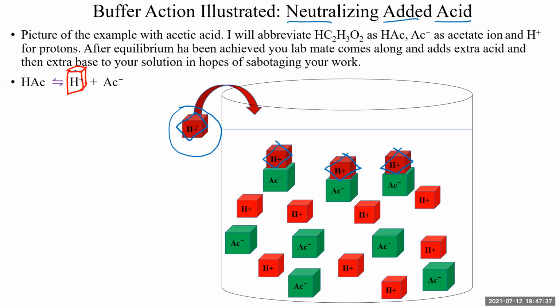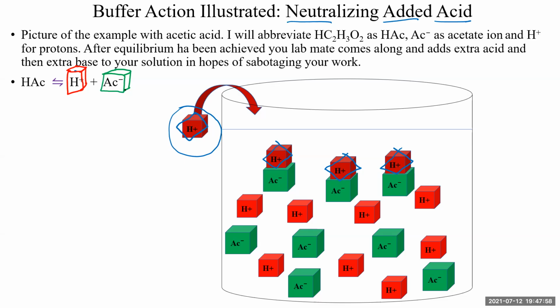We also have acetate in green, which I've abbreviated AC, acetate. These are the green boxes. Acetate ion. So we have bright red boxes for hydrogen ions that were generated as part of the equilibrium, part of the buffering system.